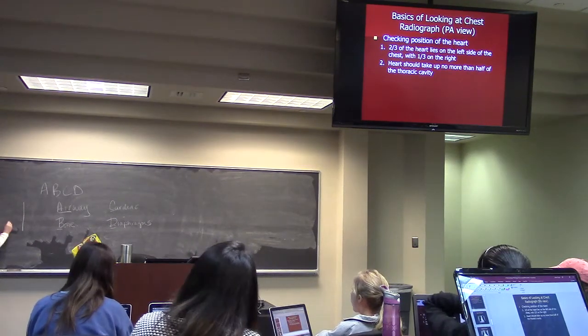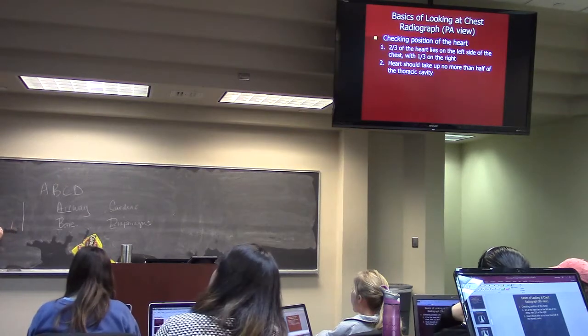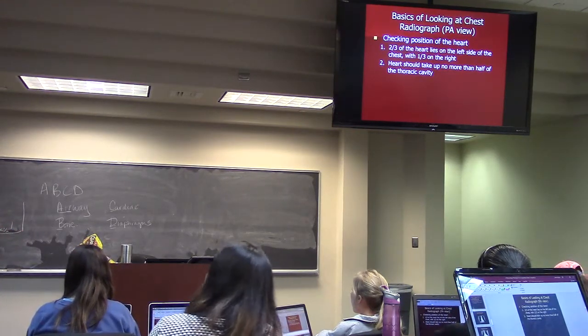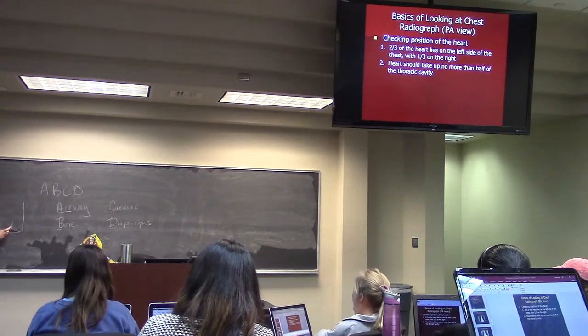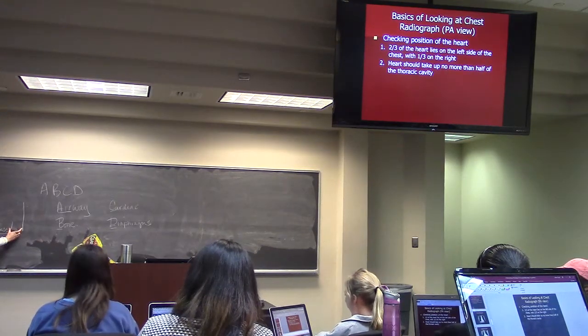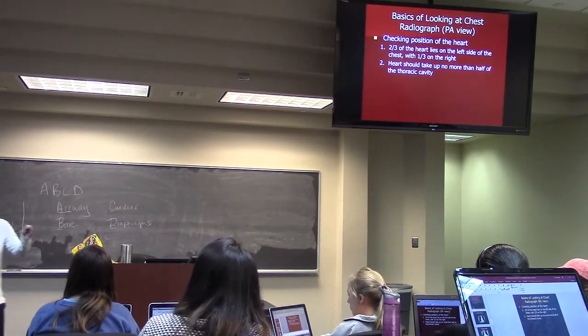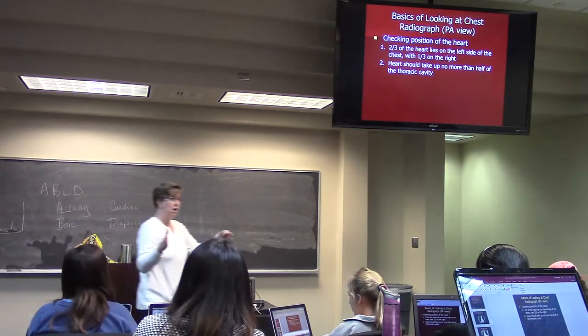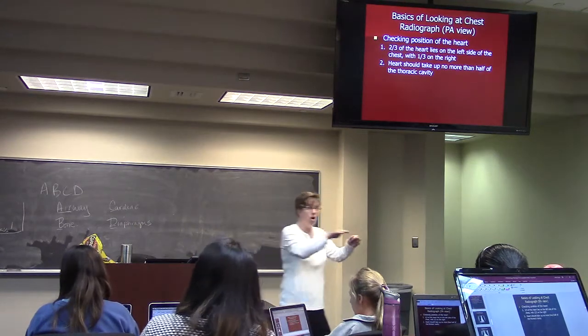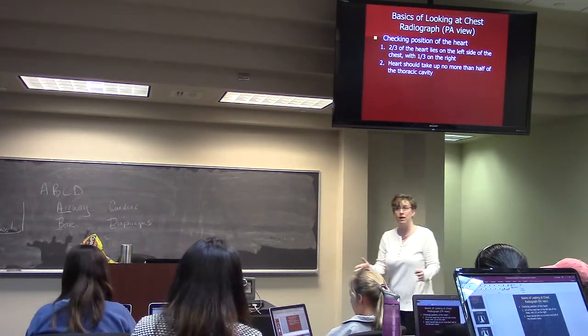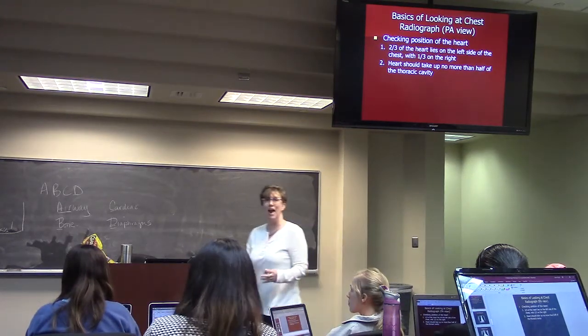So if my heart's sitting right here, this should be less than half of the width from here to here. So if I take this and put it here, it's less than half. If it's greater than half of that width across the chest, that's cardiomegaly. That's an enlarged heart. That's abnormal.